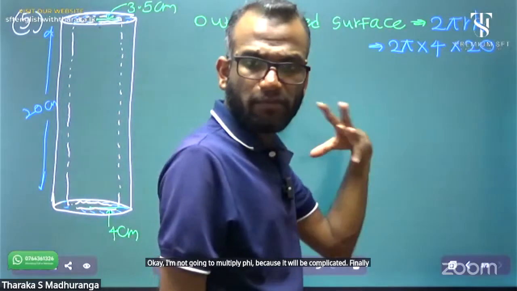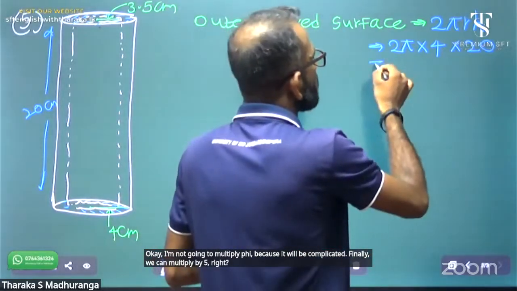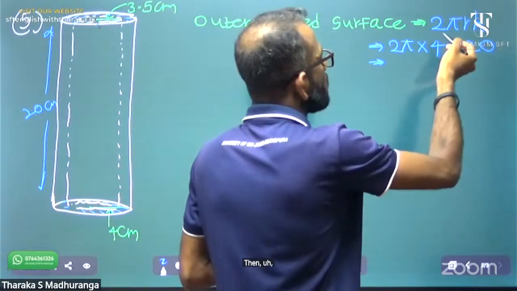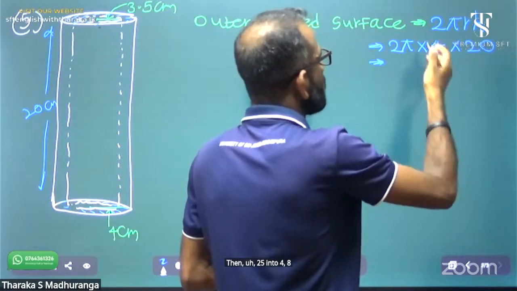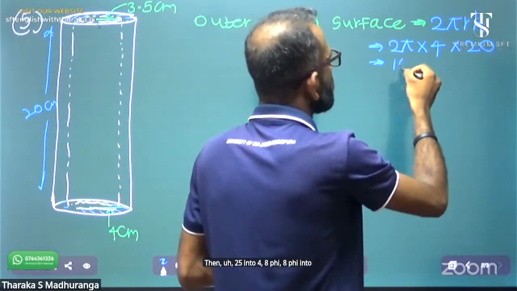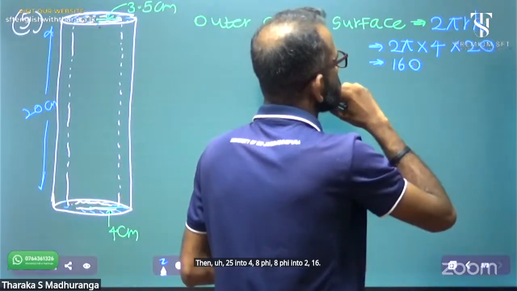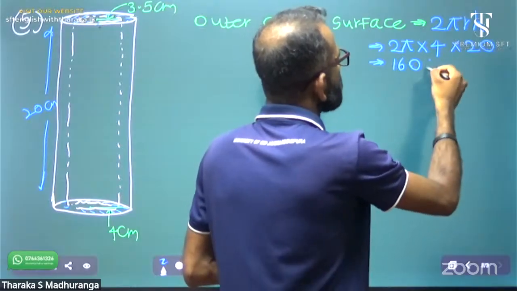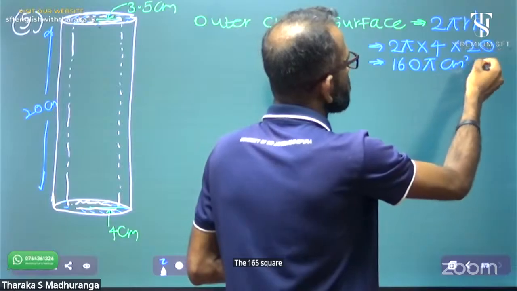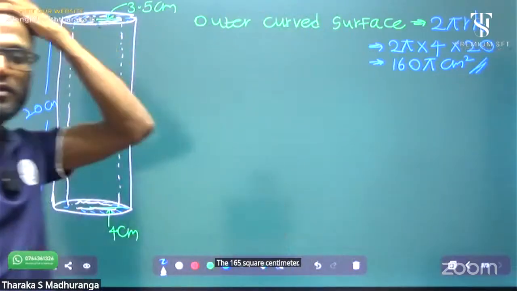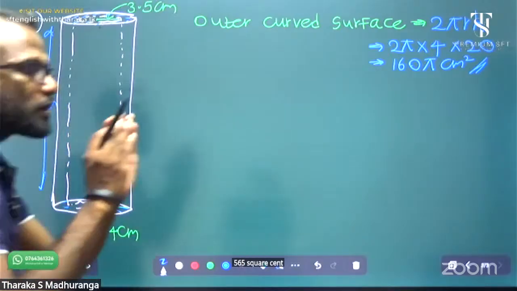Finally, we can multiply by π, right? Then 2 into 4 is 8, 8 into 20 is 160. Yeah, 160π square centimeter. 160π square centimeter is the outer curved surface area.